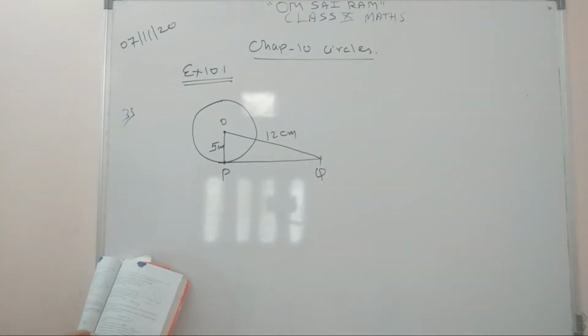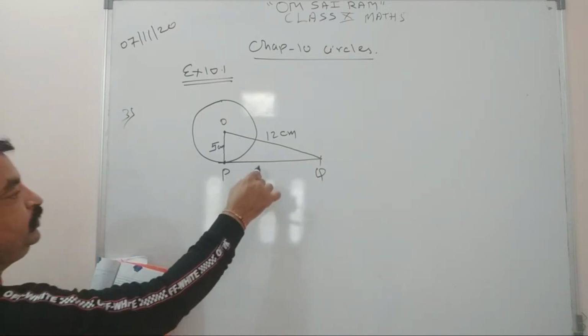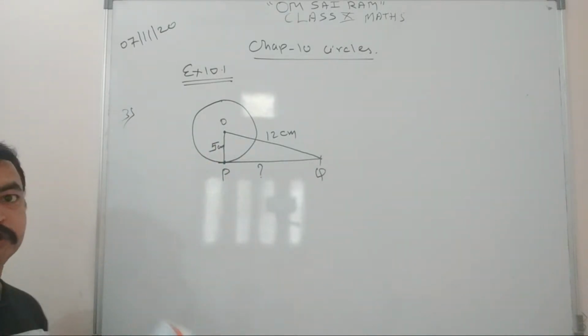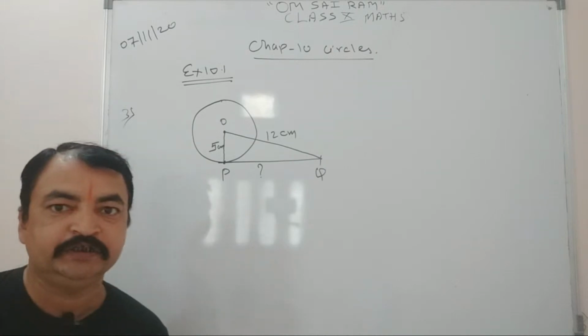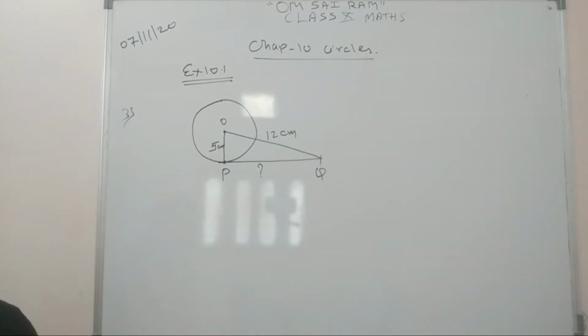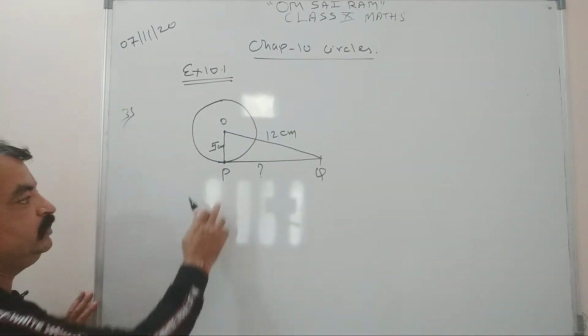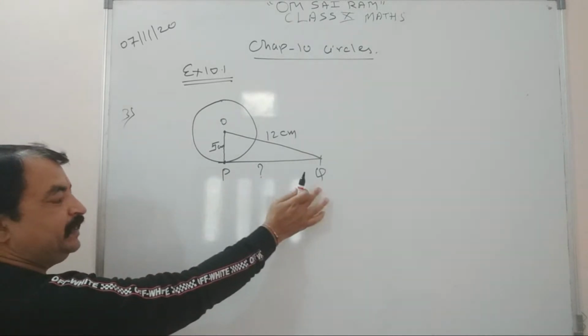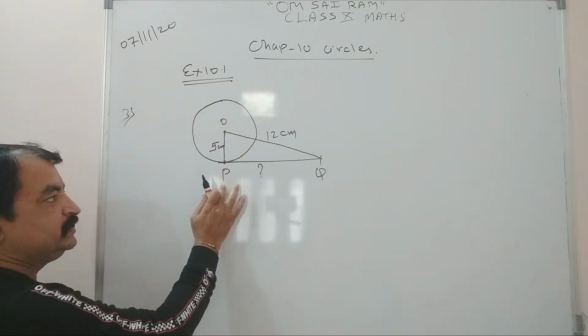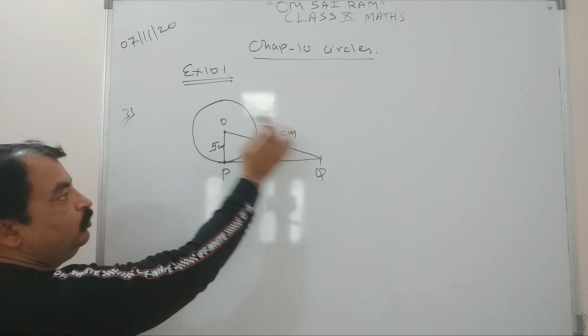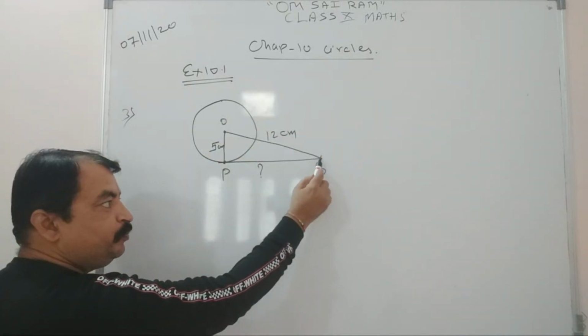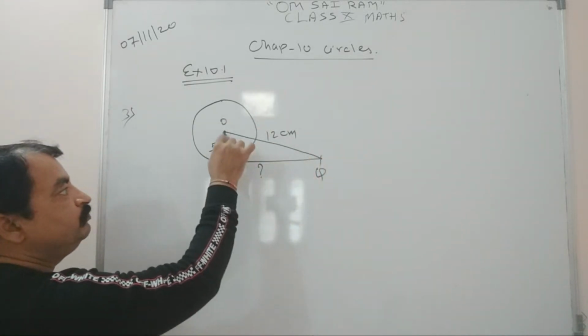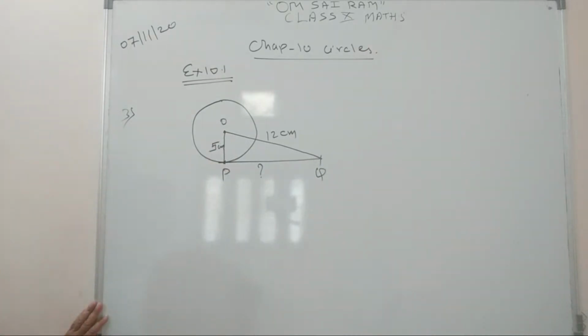Right, children? So find the length PQ. According to the question, this is the figure you will get. PQ is the tangent, OP is the radius, and OQ is the distance of point Q from the center O. So find the length PQ.